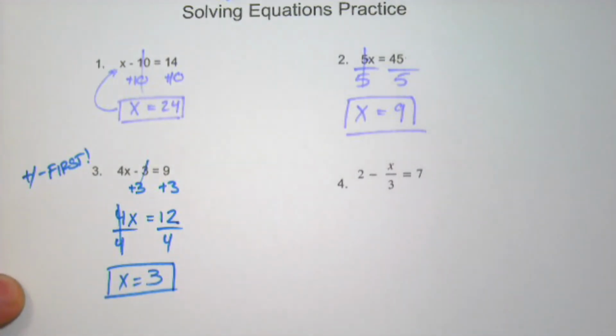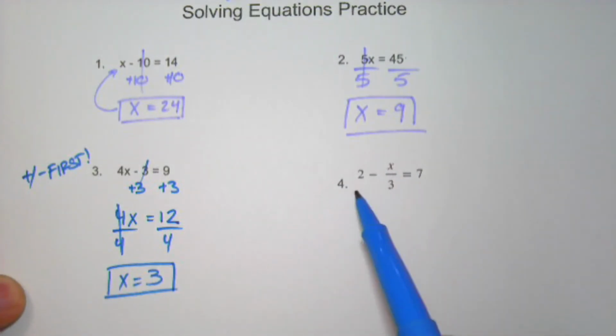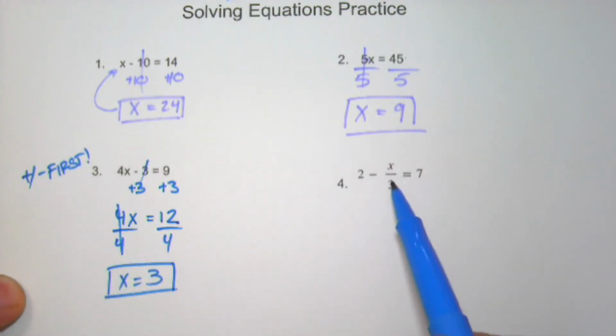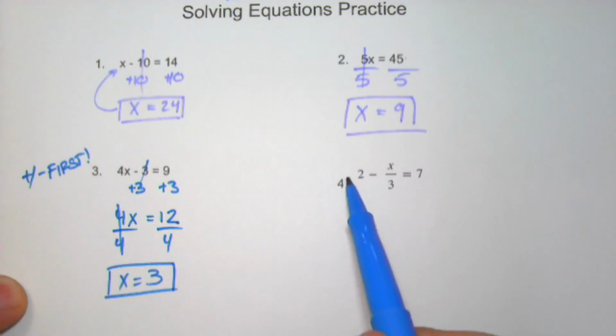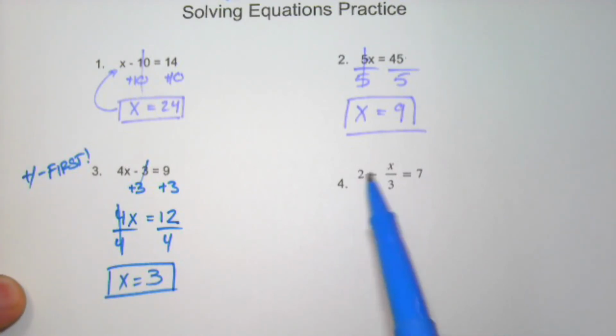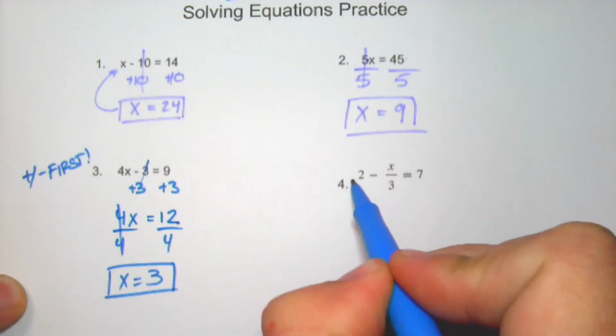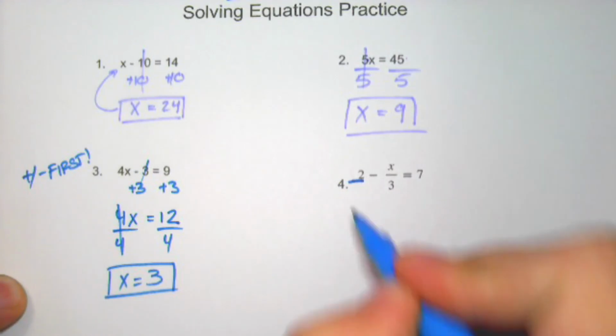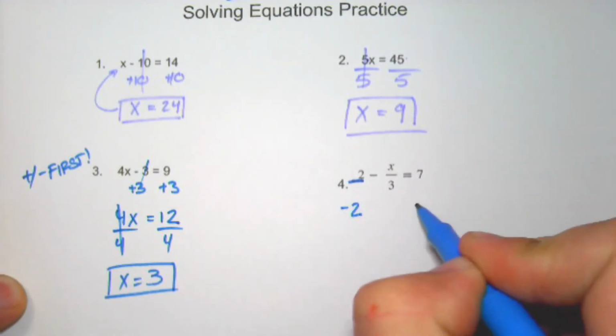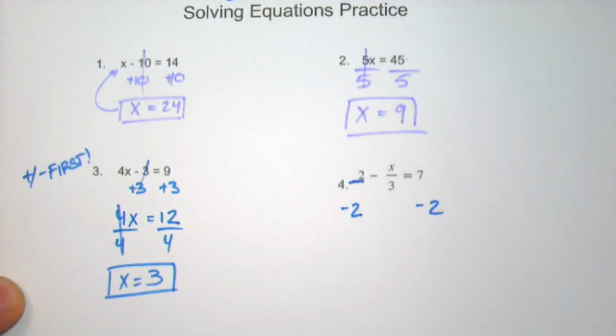That brings us to the last problem, probably the toughest of the 4 problems. So I do see division, but I also see this positive 2 over here being added or subtracted, so I want to handle that positive 2 first. Although we're subtracting x over 3, the number itself is positive, which tells me I want to do the opposite, which is subtract 2.